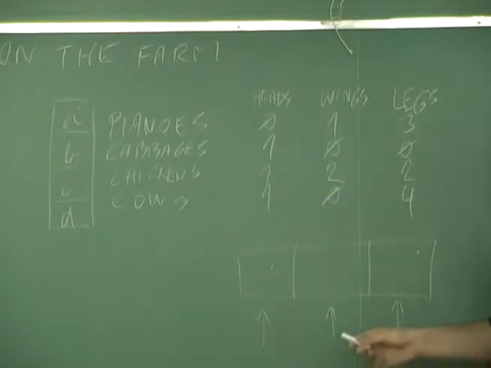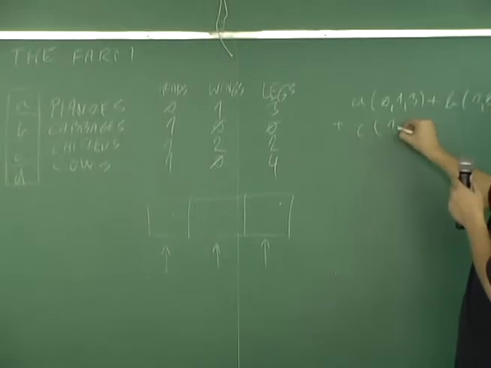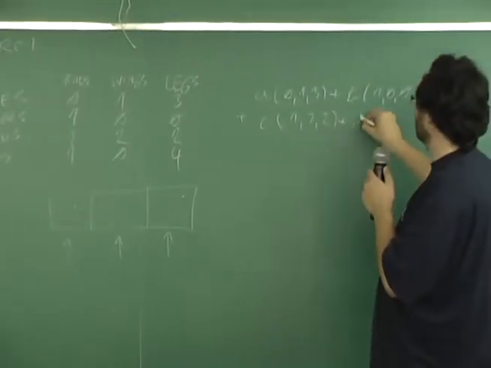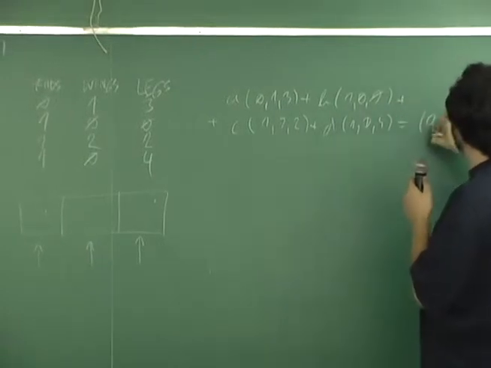So we can surely find the combination of A, B, C, and D. In this case, some of them may be negative, such that A times (0, 1, 3) plus B times (1, 0, 0) plus C times (1, 2, 2) plus D times (1, 0, 4) equals the 0 vector.